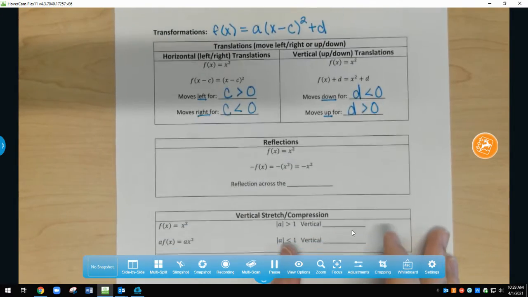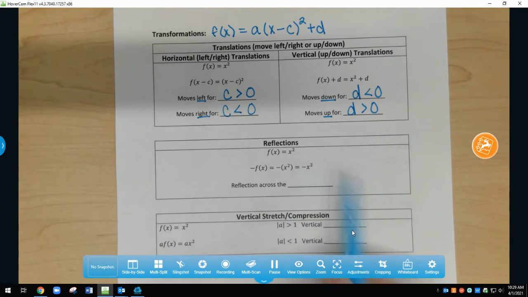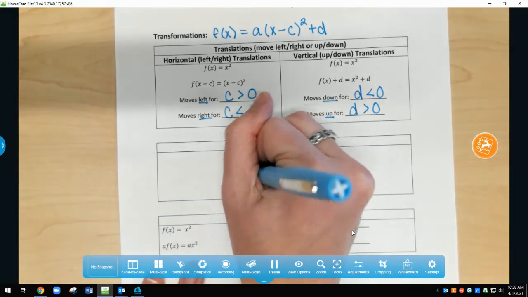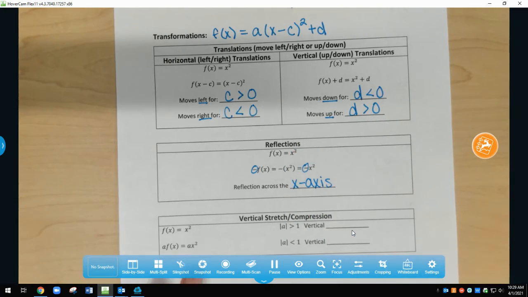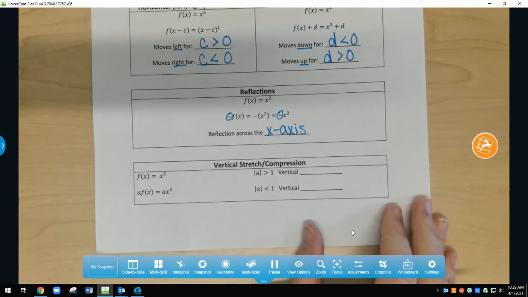Okay. Now, if you throw a negative in the front and end up with a negative x squared, it's just a reflection across the x-axis. And this will make more sense when we start graphing them and looking at the graphs.